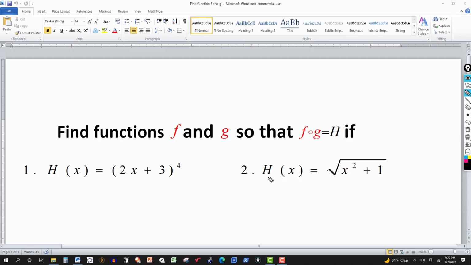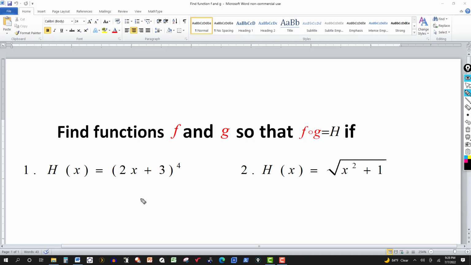Okay, for the next one then we want to find the components that'll give us h of x if h of x is equal to the square root of x squared plus 1. Just like we found the components for problem 1, same sort of thing here.